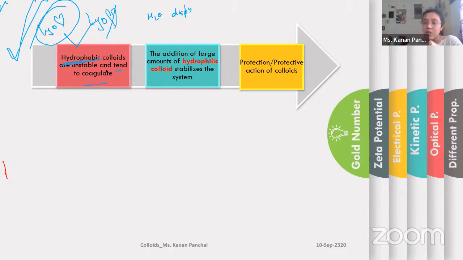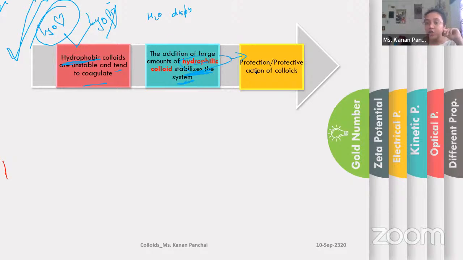They are unstable. So in order to stabilize them, you will add large amounts of hydrophilic colloids. And these hydrophilic colloids give a protective action. They protect these hydrophobic colloids.